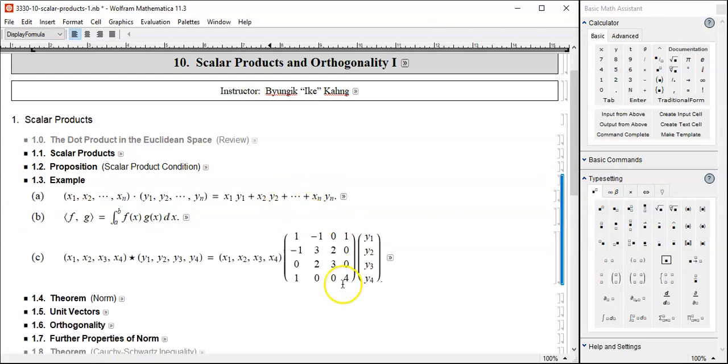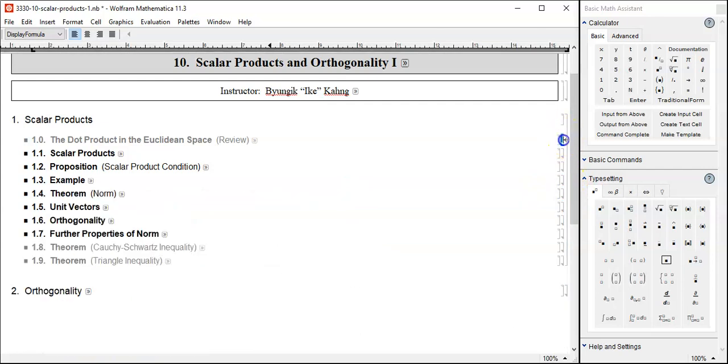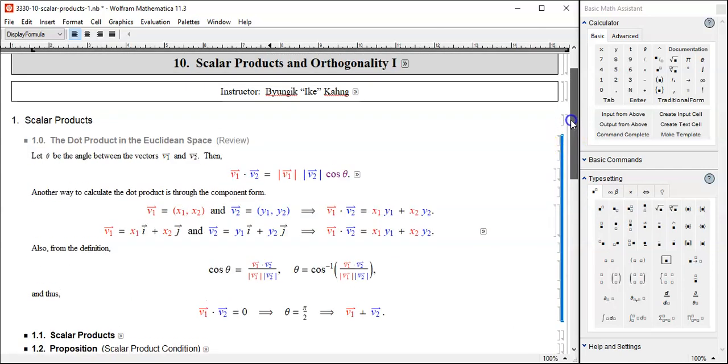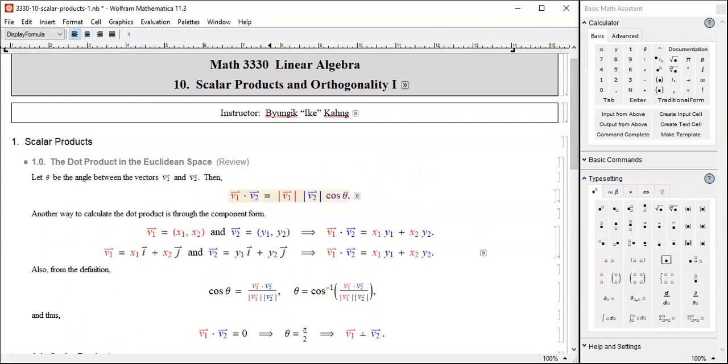Now, among these examples, of course, by far the most important is this one, isn't it? So let's talk a little bit about these. Let's go back to the review, something we discussed way back in week 1. In the two-dimensional case, we define the dot product like this, right?